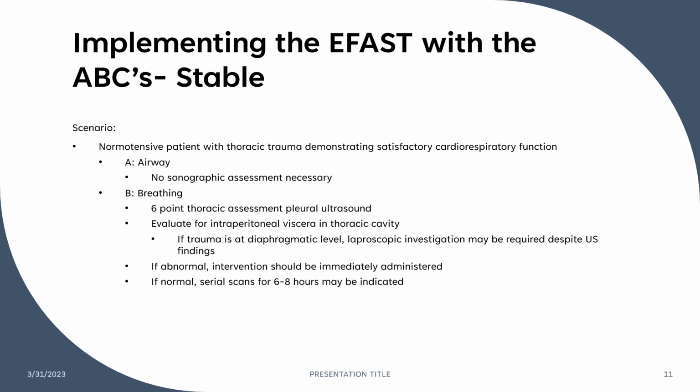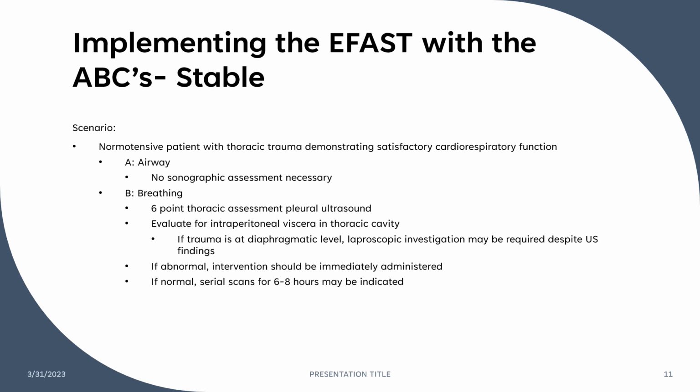This 6-point thoracic assessment is utilized in the unstable patient and really any type of chest ultrasound that we do. We're going to go into it more in future lectures, but the idea is that you're going to start at the apex, the mid thoracic region, and then the inferior thoracic region as well. So you're assessing each part of the lung separately to ensure that you're not missing any particular area of concern.